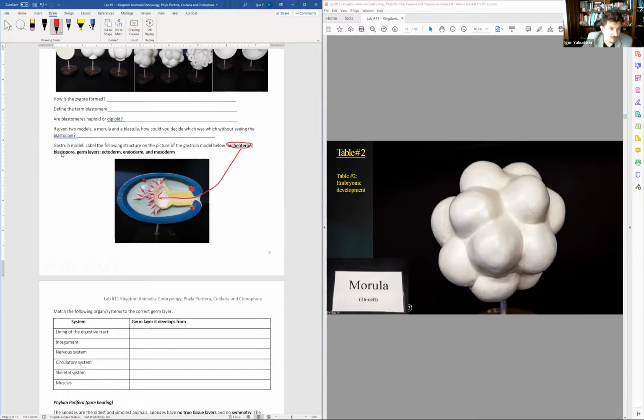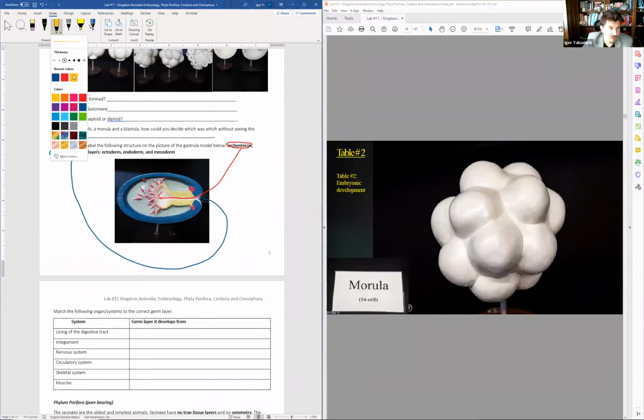And then the blastopore. The student shows that the initial opening is the blastopore, right? And then the germ layers, ectoderm and mesoderm. You use a different color, and then we decided that endoderm was orange, right?